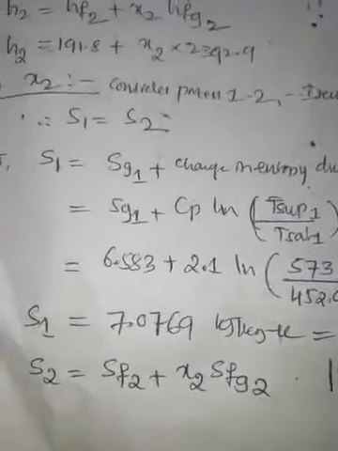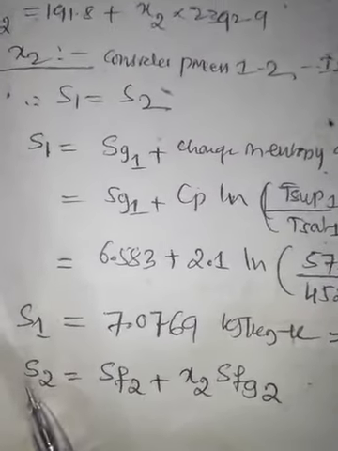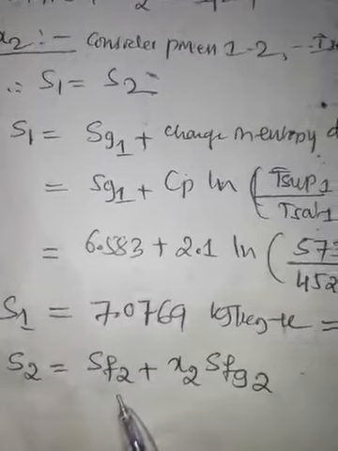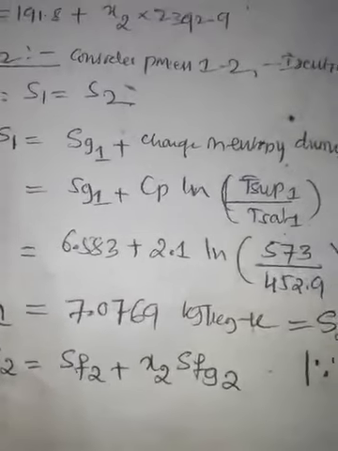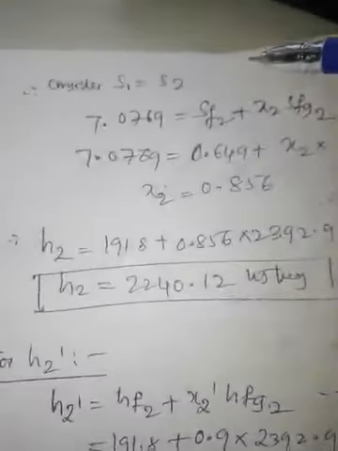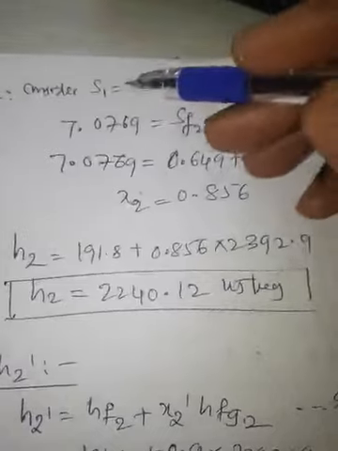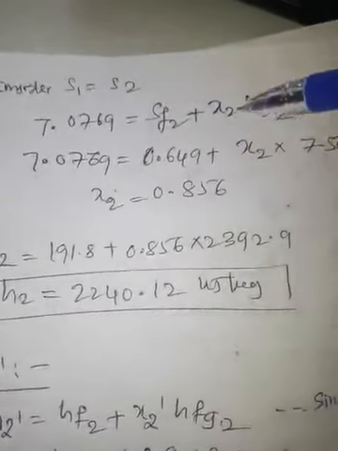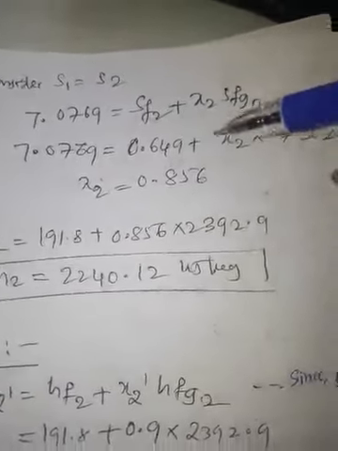Because of that, I can write the formula: entropy at state 2 is equal to SF2 plus X2 SFG2. Because of the condition S1 equal to S2, S1 we have the value, and S2 I substituted in that formula.